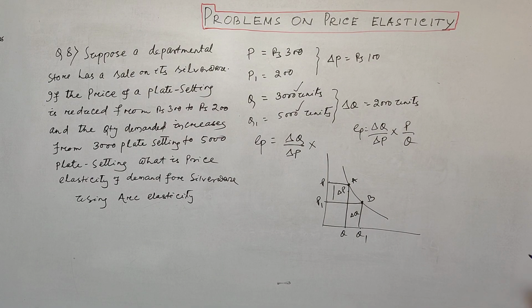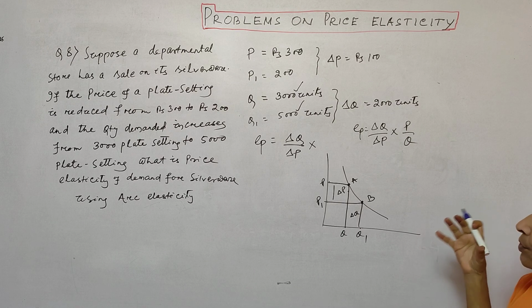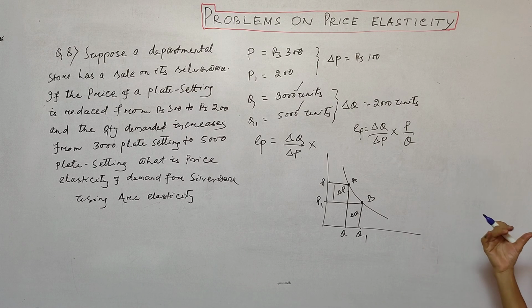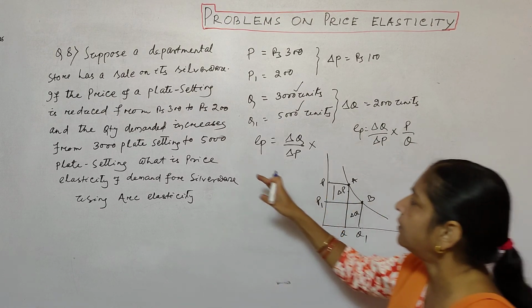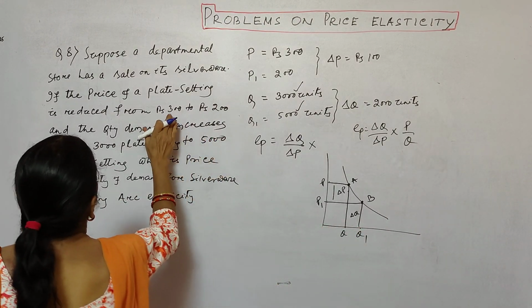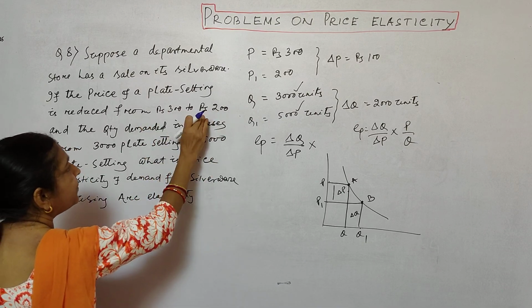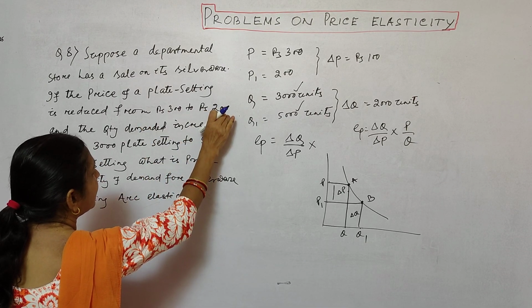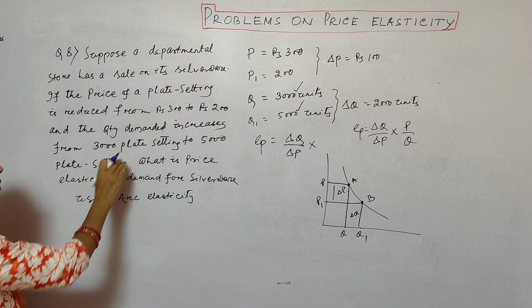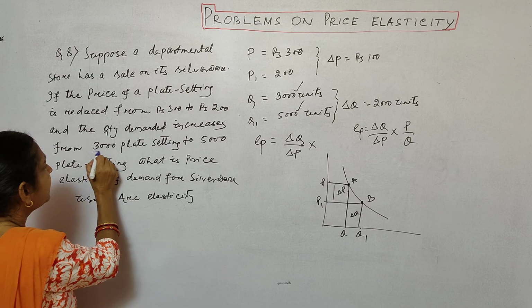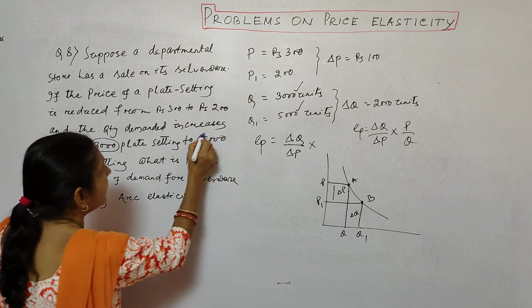In this method, there is a large change. There is a proportionately large change in price, and due to that, in quantity there is also a large change. Price falls from 300 to 200, a fall of 100 rupees in price, and due to the fall in price of rupees 100, the quantity rises from 3000 to 5000.